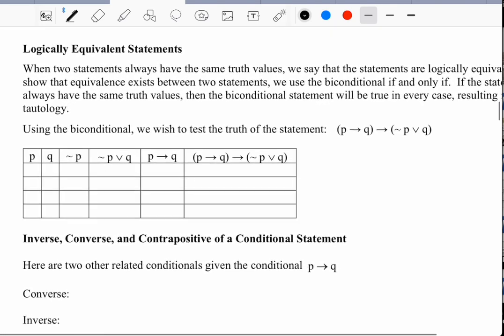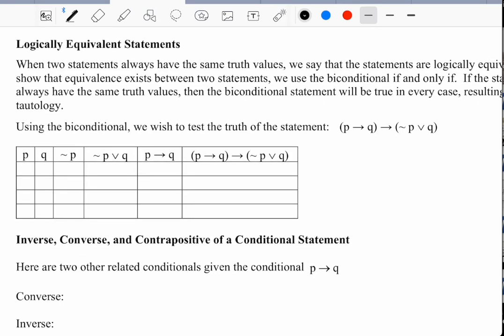Okay? But we have something called the biconditional that'll allow us to make a determination of truth. Little typo. There should be a double-sided arrow. And then by extension, so should this. All right.